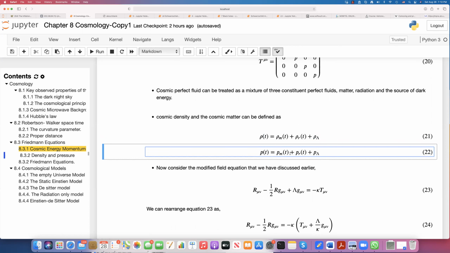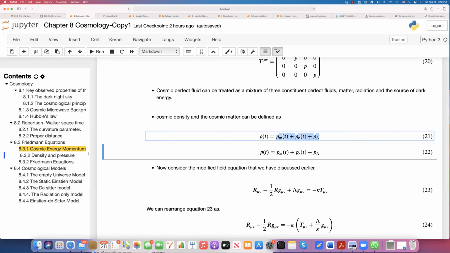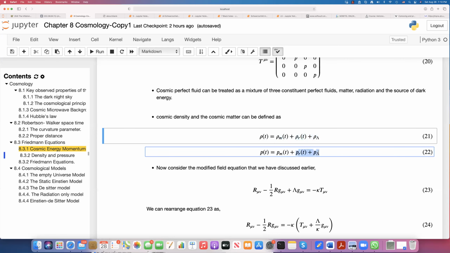Out of those three parts, the pressure due to the matter is assumed to be zero, because we normally assume it as dust. So the pressure from the matter will be assumed as zero. That is why there are only three components of densities and two components of pressure.